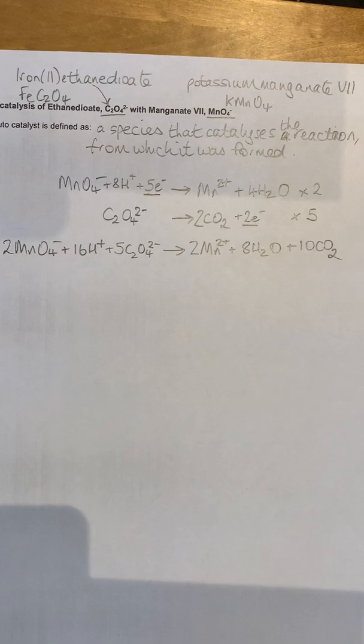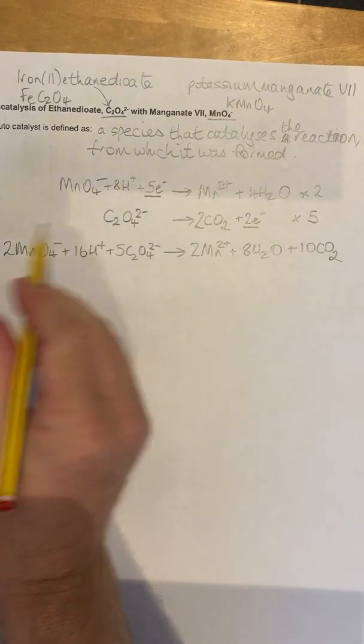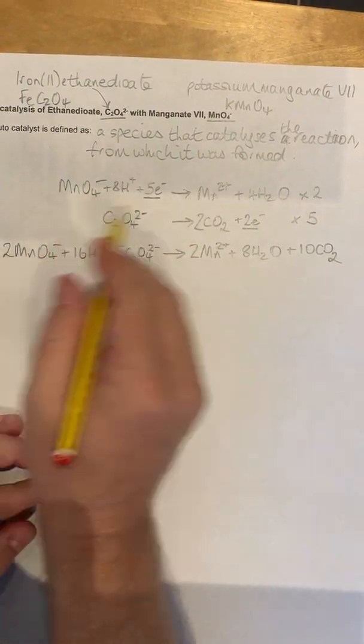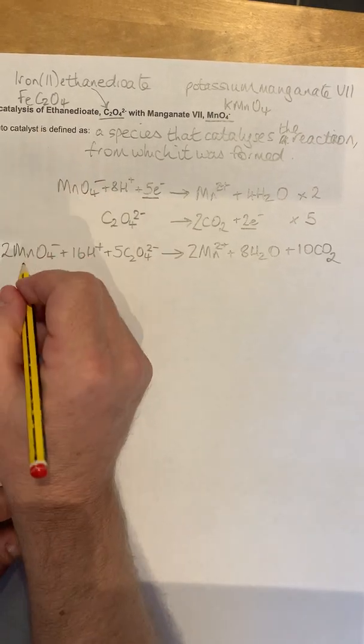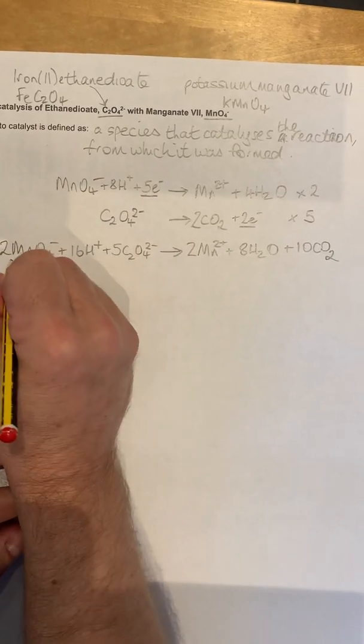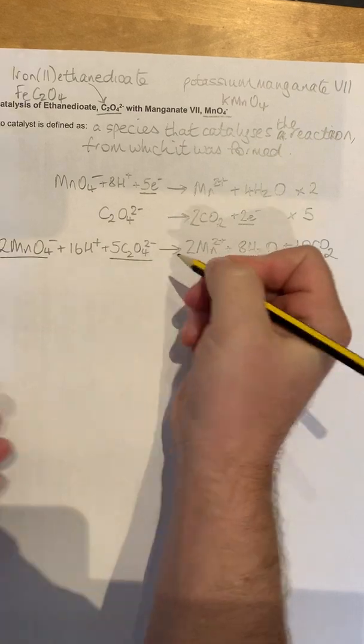So that's the overall equation. But after watching the last video, the first homogeneous catalyst video, you should notice we've got 2 negative ions once again reacting with one another.